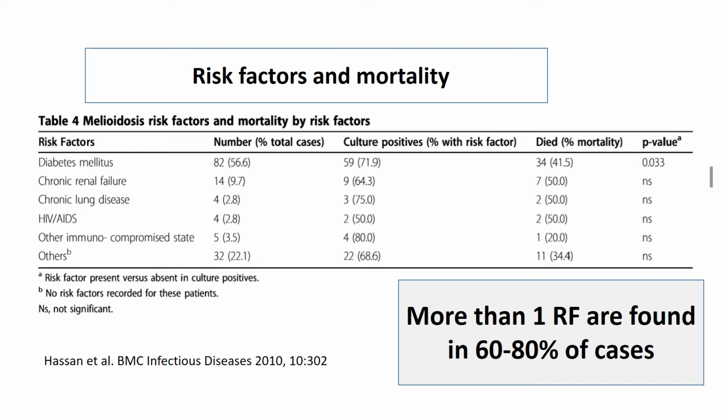This number was proportionately even higher among the culture positive cases: 71 or 72% of those who cultured positive had diabetes. This was statistically significant, and the mortality in the culture positive group was 41%. So very high mortalities.